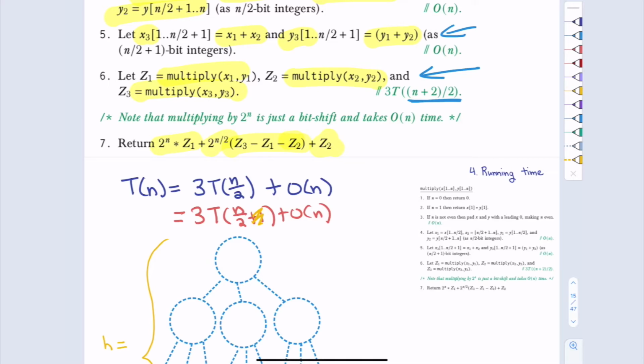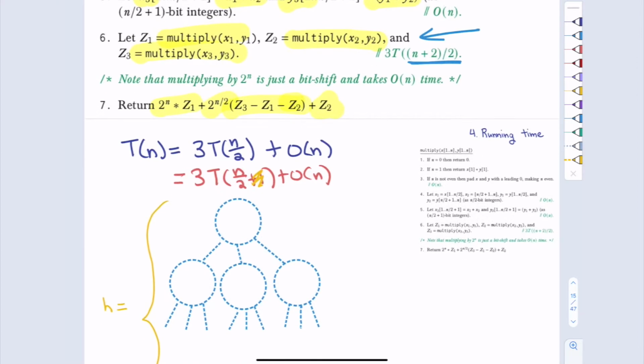Yeah? Is that true for all recurrent calls that have a constant in them, or only for this one? I cannot think of an exception. But I also worked out, okay, so here's what you do.